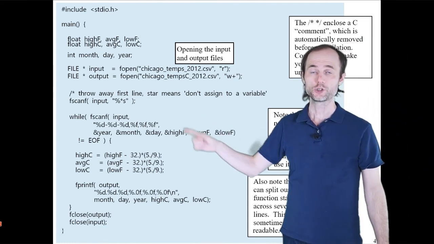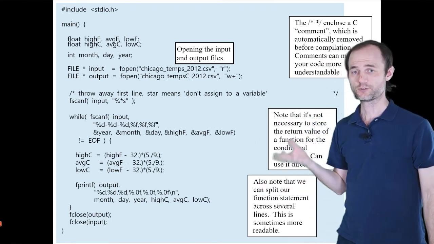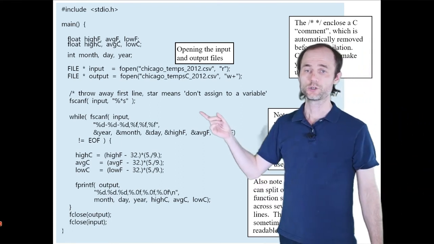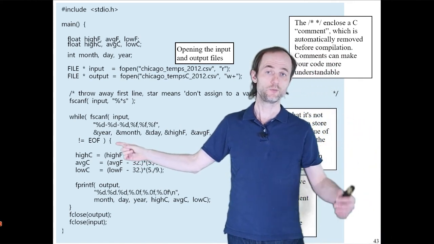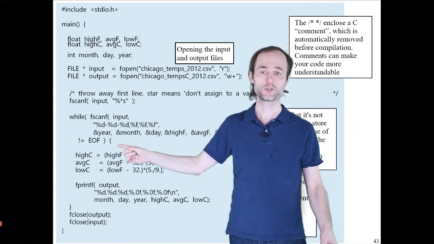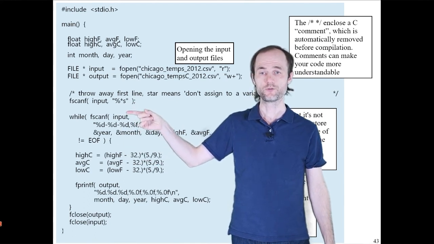Now we're going to keep reading line by line the contents of the file, and we're going to keep doing that until fscanf returns end of file, meaning there's nothing more to read. We've exhausted the file. fscanf reads from the input file.